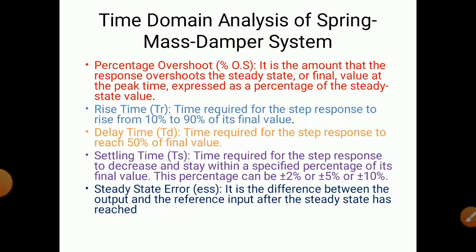And last one, steady state error. It is the difference between the output and the reference input after the steady state has been reached. So after the output is settled properly, the difference between input and output is called steady state error. That may be plus or minus 2% or 5%.